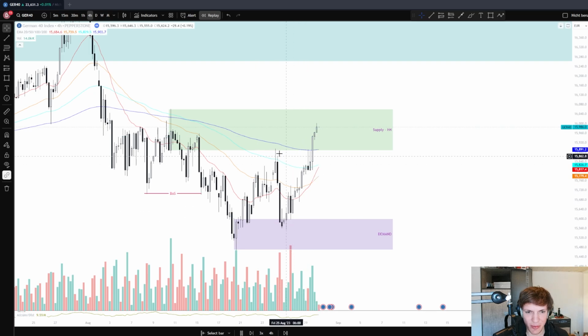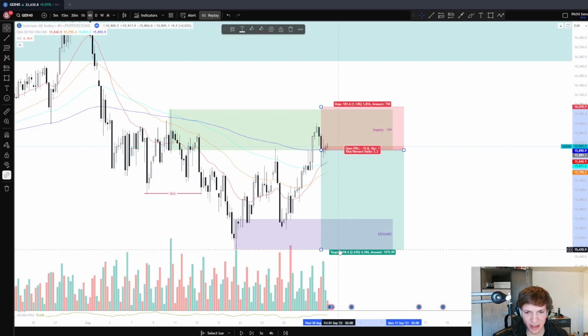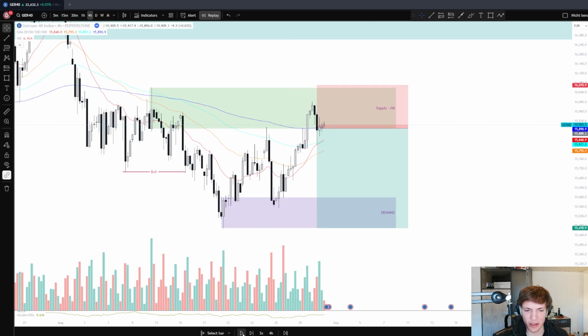We see that we take this liquidity up here, and here we could have entered also in a short trade, marking our stop loss above this high and targeting this demand zone down here. Let's take a look at what the market does. We see the market was close to our stop loss, but it doesn't break this supply zone right here.